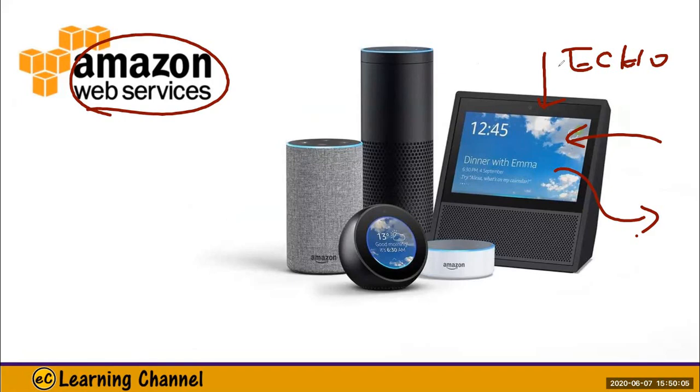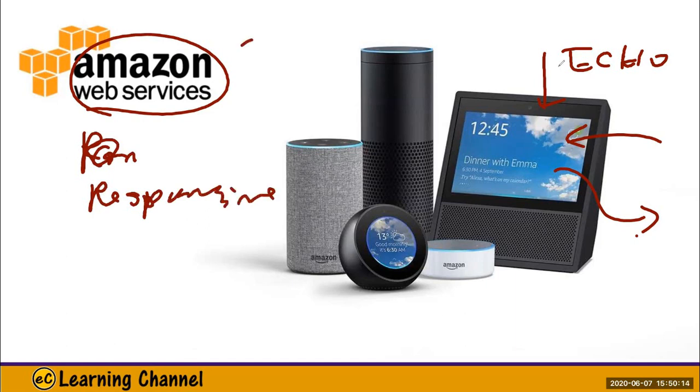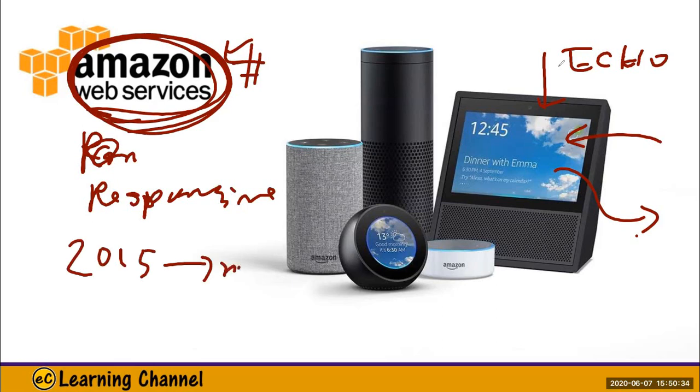So it's a representative company for responsive computing. Also, Amazon is the company with the highest market capital, number one, the most expensive company. So nowadays this guy is leading, number one, since 2015 until now. It became more popular after 2017.